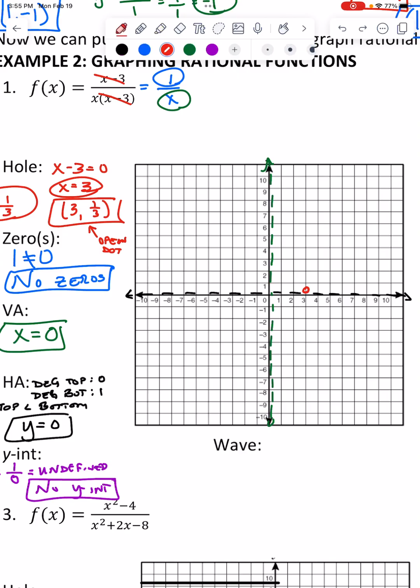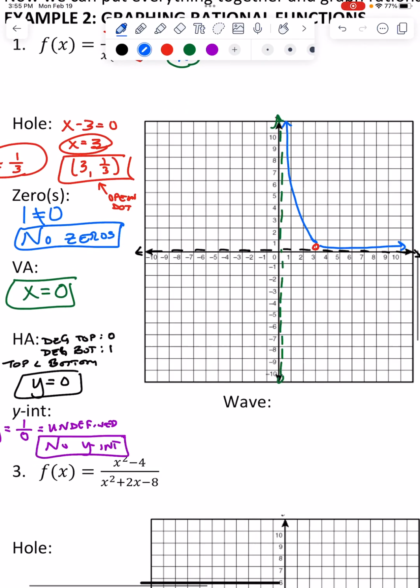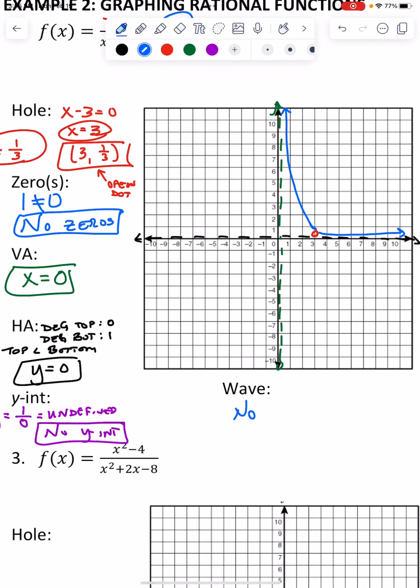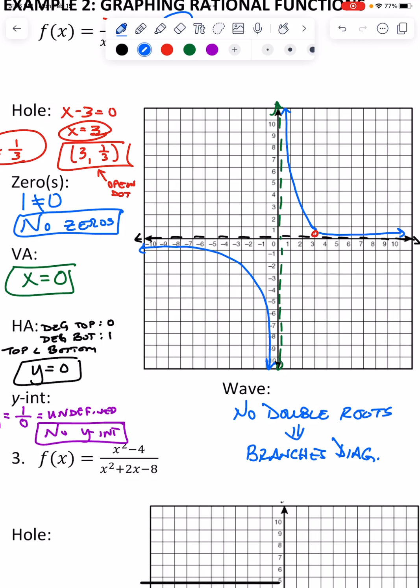So we put a branch that goes through that hole. In this case, there are no double roots, so our branches are diagonal. So our other one should be down here. Okay, and that's what we've got there.